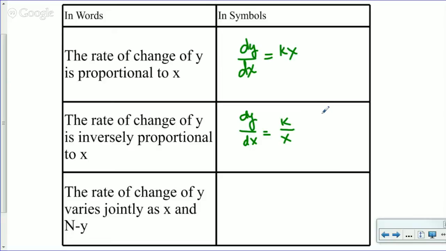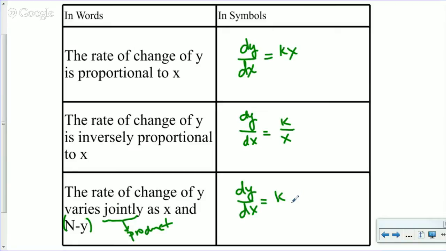All right, the last one, the rate of change of y varies jointly as x and the quantity n minus y. Well, jointly really just means the product. Okay, so the rate of change of y, dy/dx, varies jointly as x and n minus y.